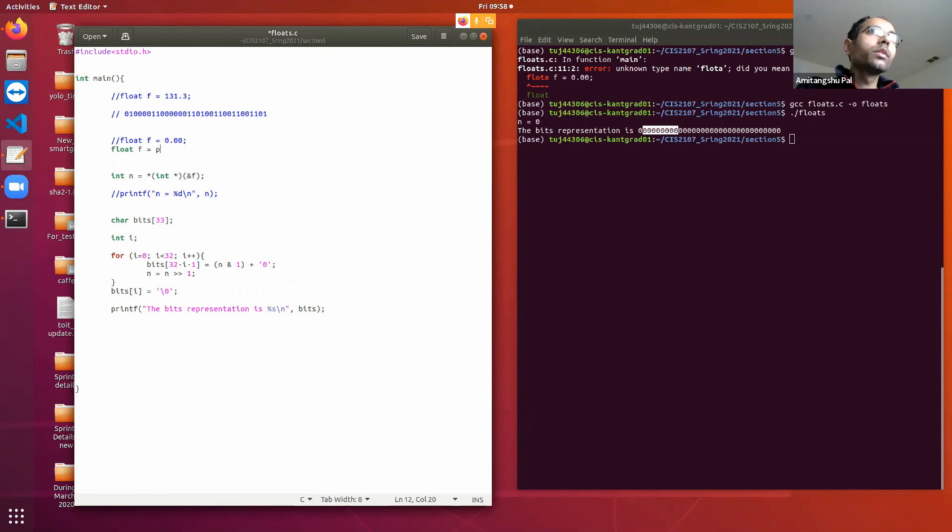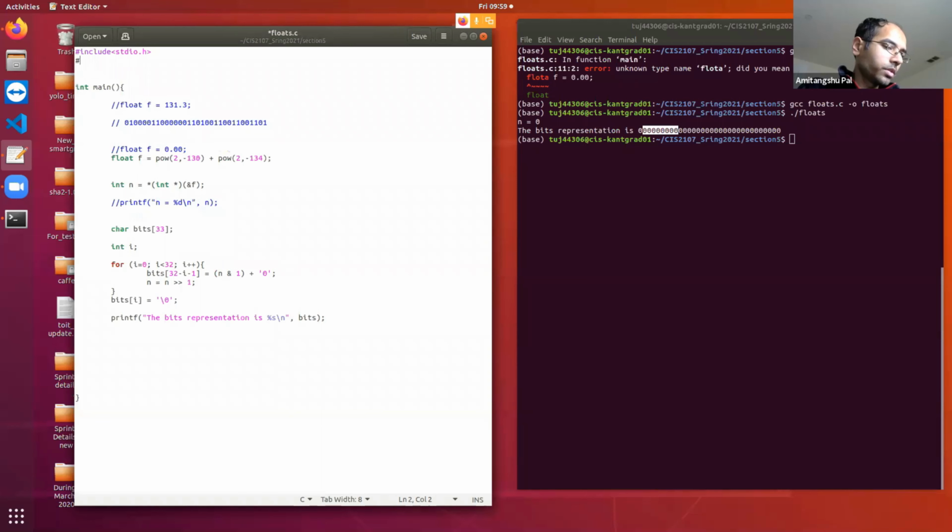So power of 2 to the power minus 130 plus power of 2 to the power minus 134. I need to include math.h because I am using the power function.